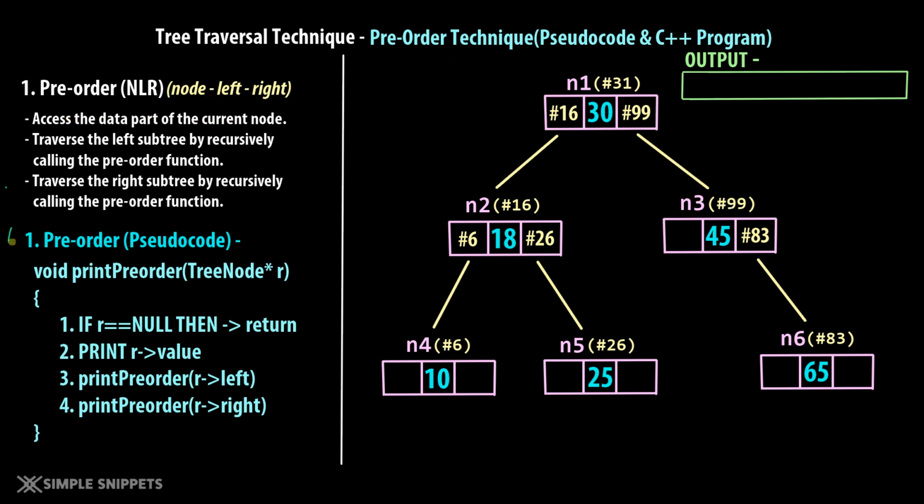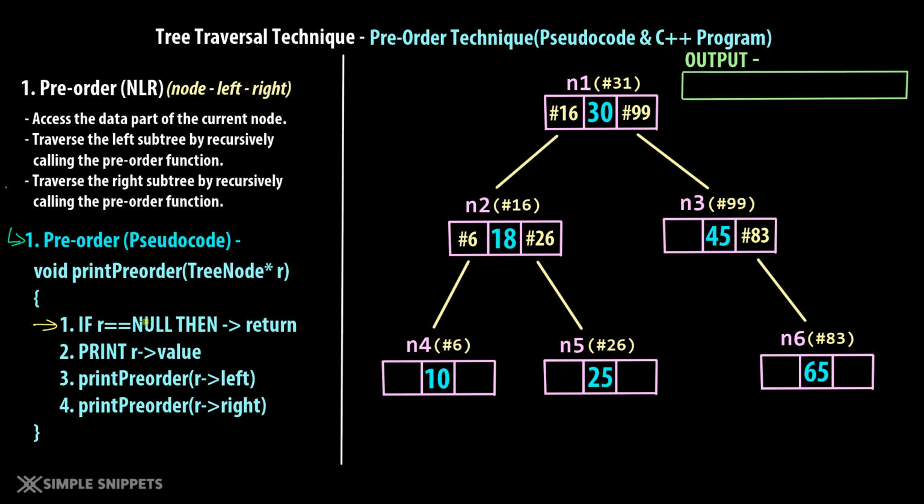Now coming to our pseudocode, we have the same 3 steps in the form of pseudocode. However, there is one extra step, which is step number 1, the stopping condition. Because if you make a recursive call infinitely, your program will go into an infinite loop and crash.